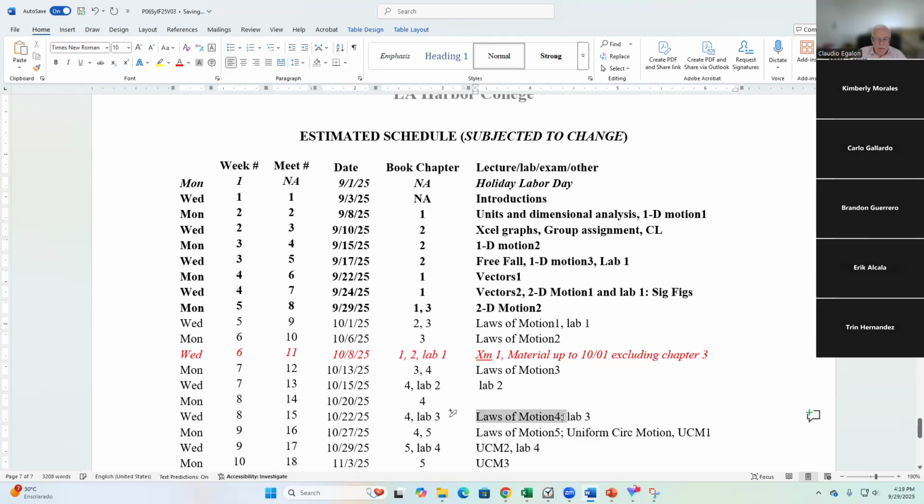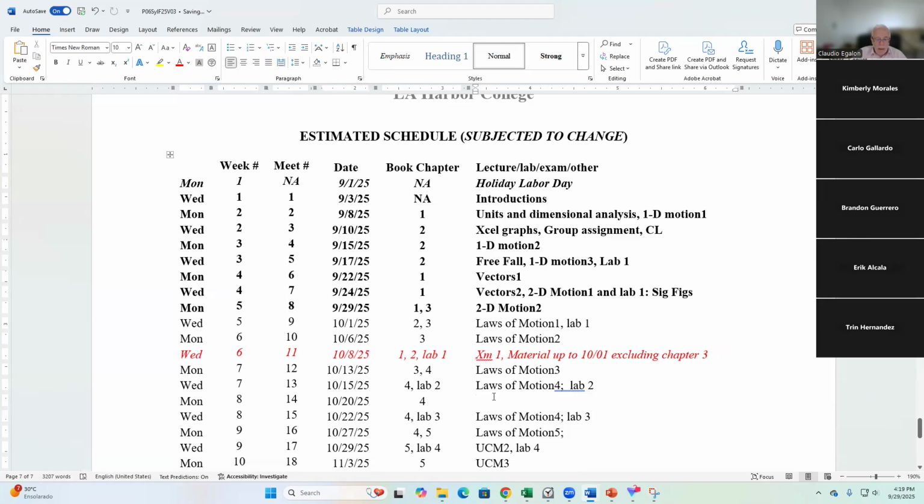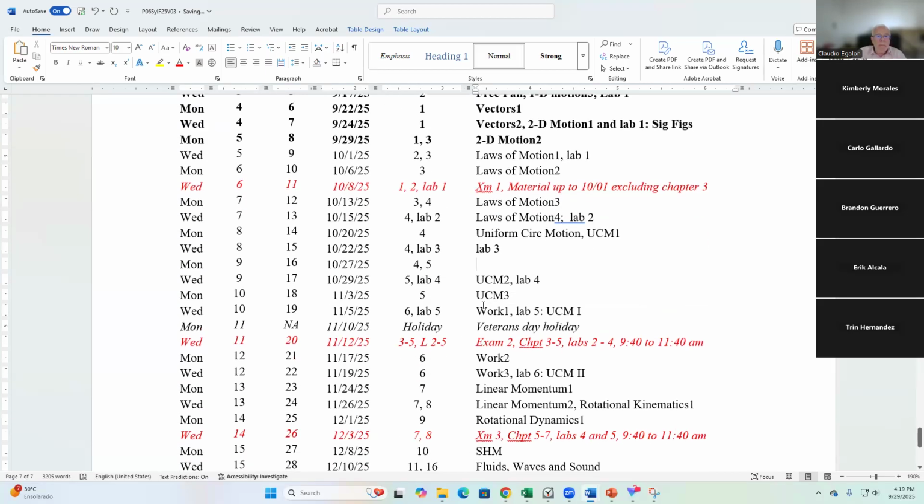Monday after laws of motion, oh yeah, we still have to cover uniform circular motion. And then as we move along, I'm going to update this schedule of classes. That's far enough. Save it.